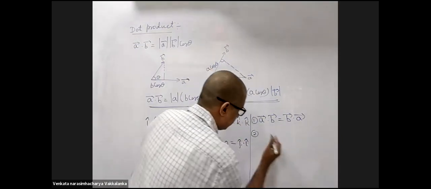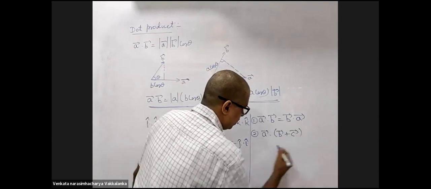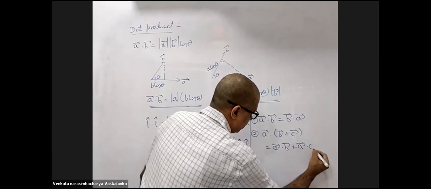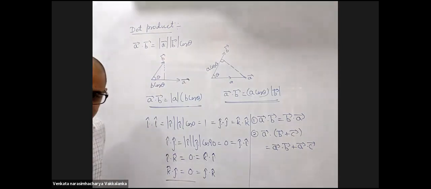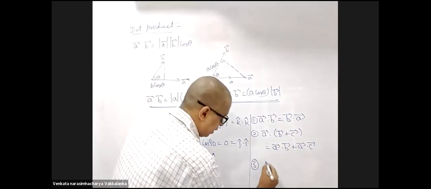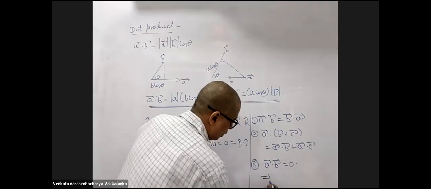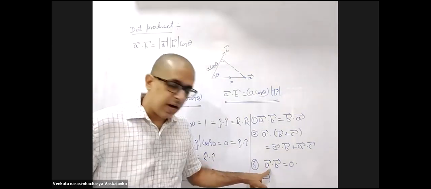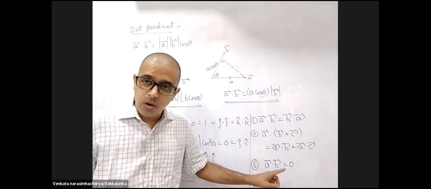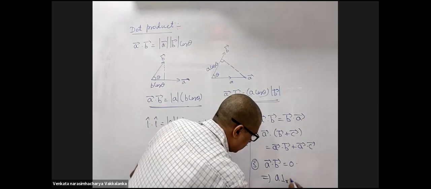Second, A dot (B plus C) is A dot B plus A dot C. Distributive. Now, A dot B is 0 implies either A is 0 or B is 0, or if both are non-zero vectors, then A is perpendicular to B.